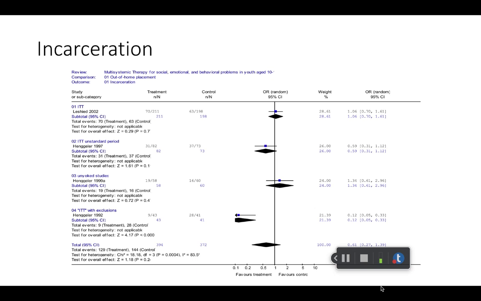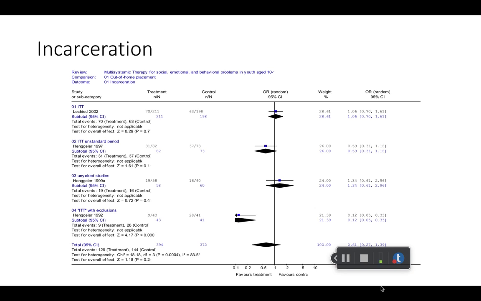Again, the vertical line is a line of no difference between the 2 groups. And at the bottom, you see the effect size scale. So for study 1, you see a blue dot. That's the difference, in this case an odds ratio, between the 2 groups. And it's very close to that line of no difference because there is no real difference between those 2 groups on this measure.